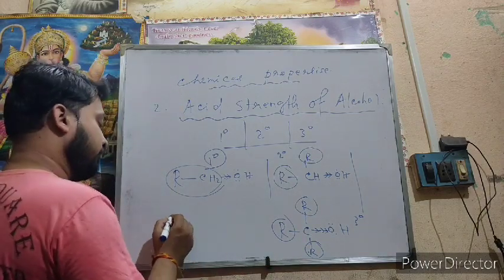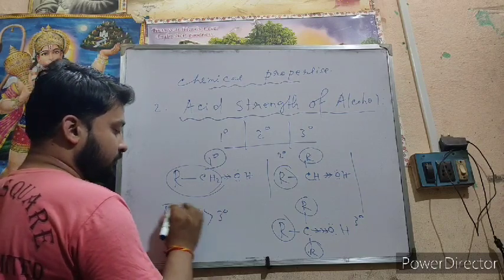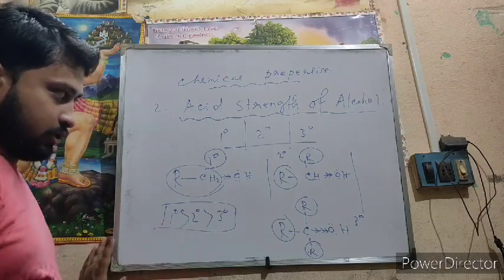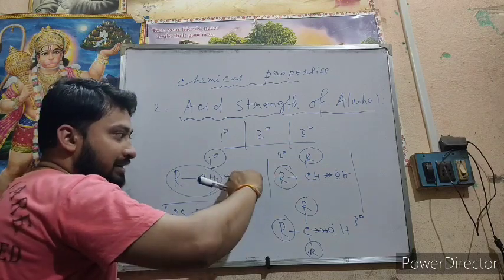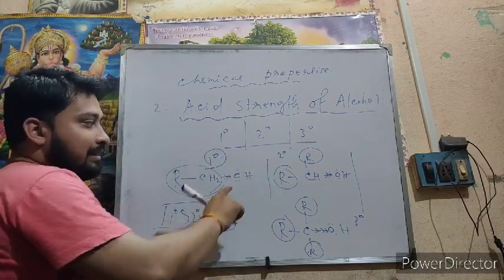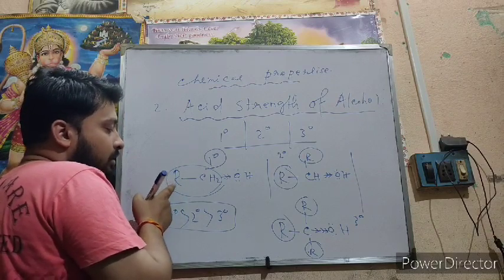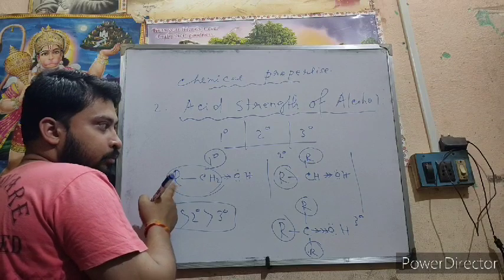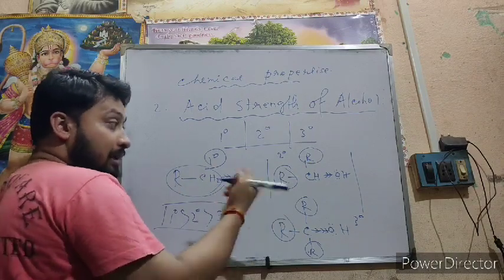So for acidic nature, the order is 1 degree, then 2 degree, then 3 degree. It depends upon the electron density, and the electron density depends on R. R means bulky group. More bulky group, more electron density on oxygen, less acidic.